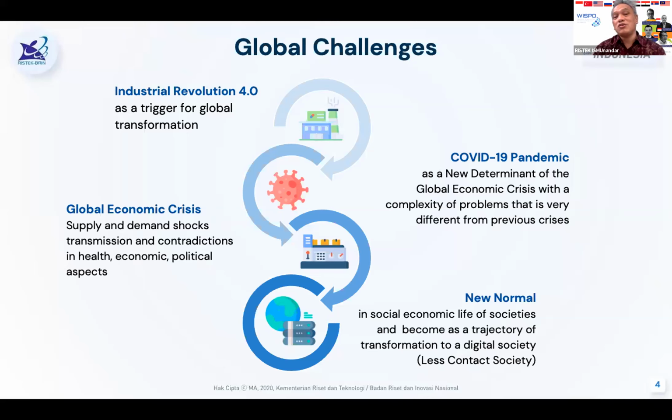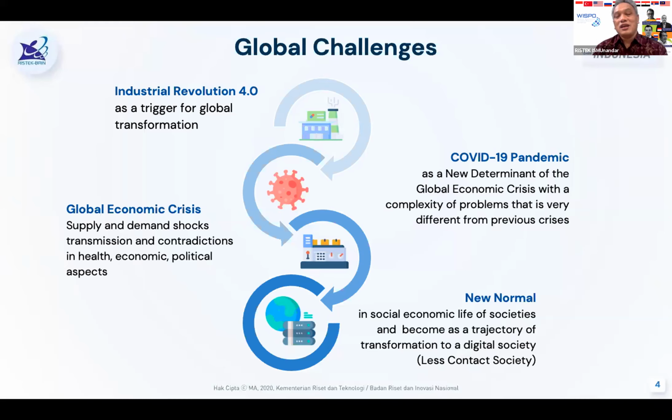The habitat for animals keeps decreasing. That is why there will be many pandemics and many zoonoses.